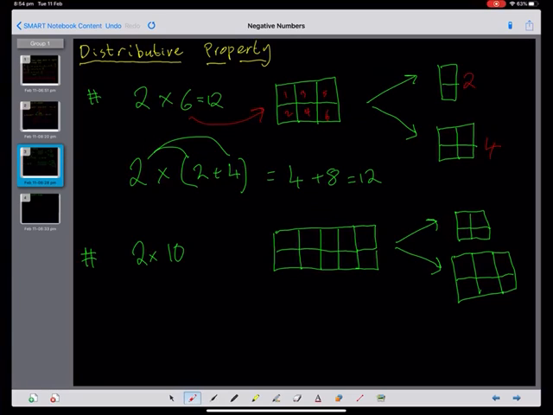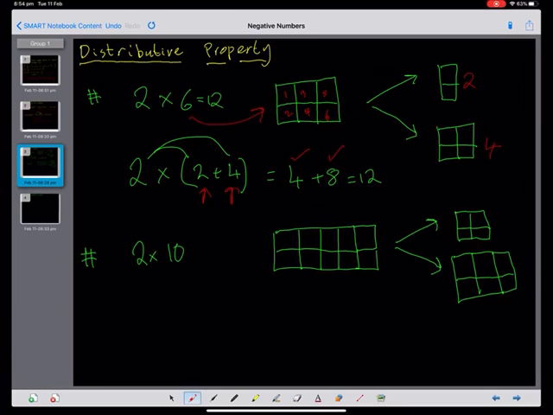Okay, so I've got my 2 and 4 here. So I'm going to multiply them individually. 2 times 2 is 4. I've got 4 here. And 2 times 4 is 8. Add them together, we get 12.